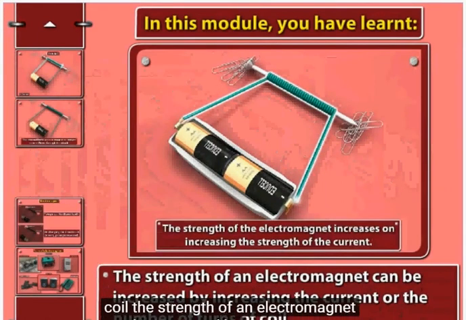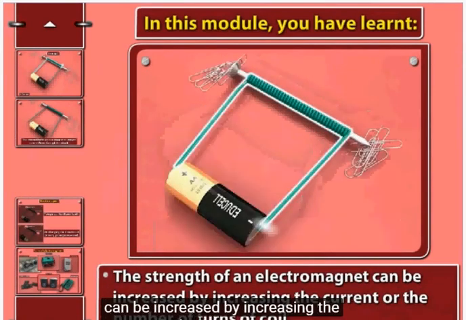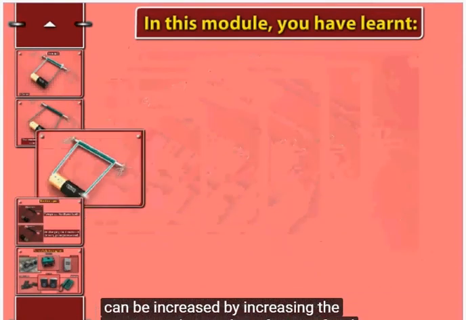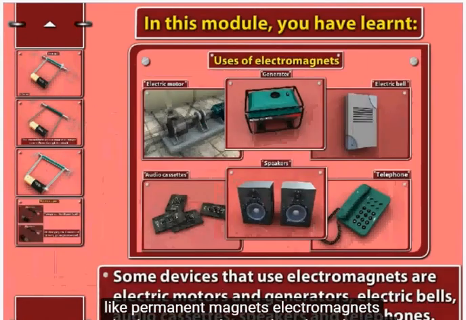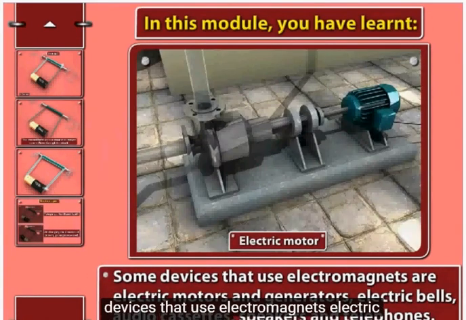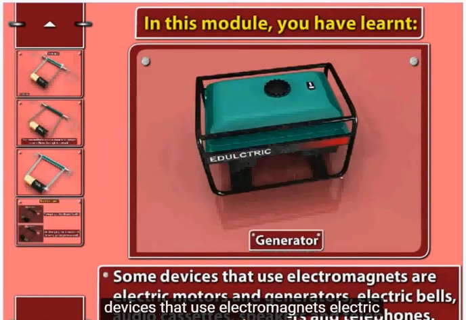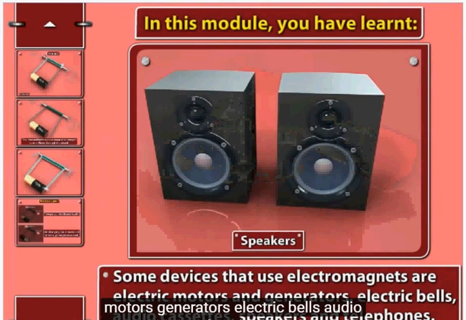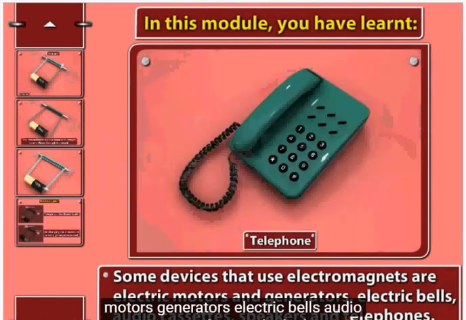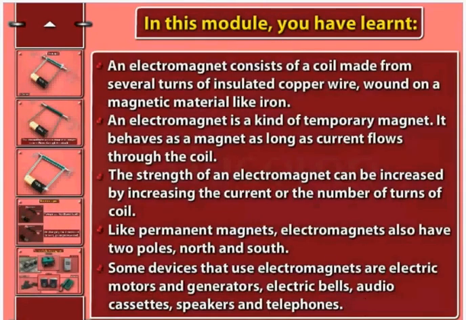The strength of the electromagnet can be increased by increasing the current or the number of turns of coil. Like permanent magnets, electromagnets have two poles, north and the south. Some devices that use electromagnets: electric motors, generators, electric bells, audio cassettes, speakers, and telephones.